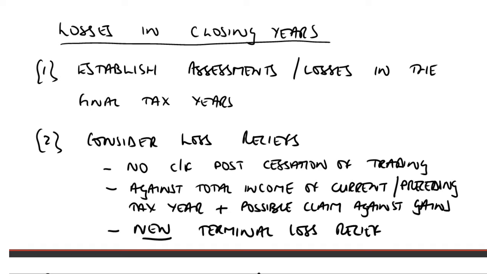Well, just like we were dealing with in opening years, we must firstly establish assessments and the losses in those final tax years. I say that unless there is a very, very specific requirement, which is to compute the specialist closing years relief known as terminal loss relief.